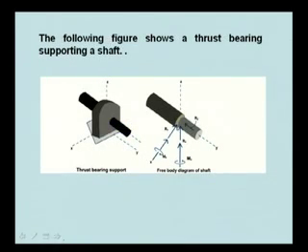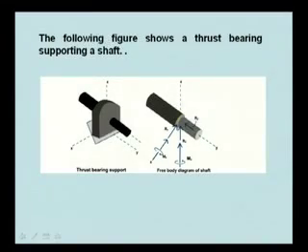Now this figure shows a thrust bearing supported on a shaft. This is a thrust bearing support, with axes x, y and z. In this case it is constrained not to move along the x axis. This rod cannot move in the x direction; even if I apply some force, it will not move.